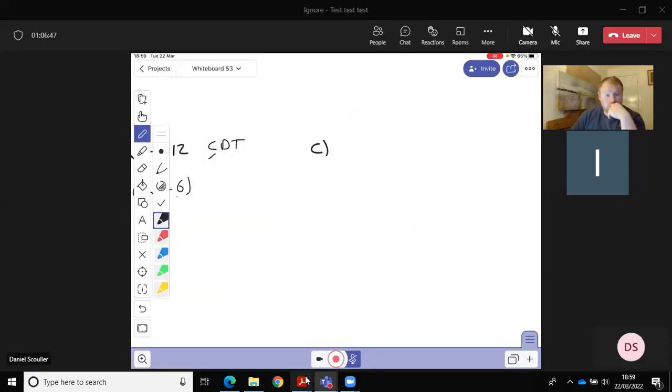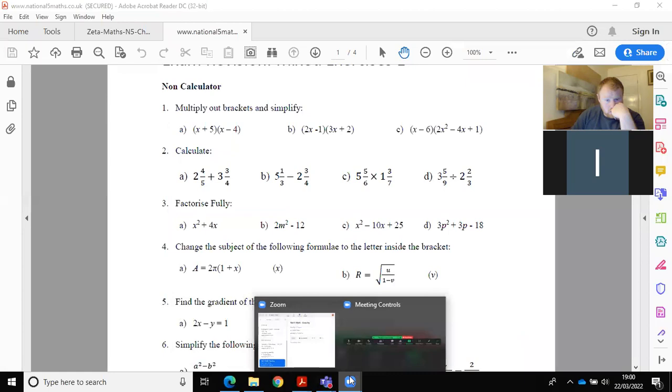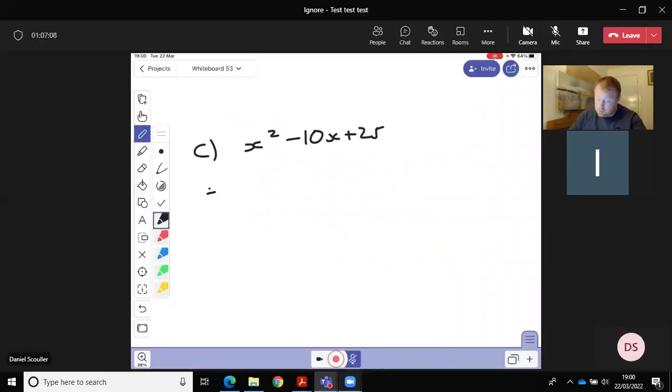Okay, now we're getting at trinomials. So, nice trinomial.